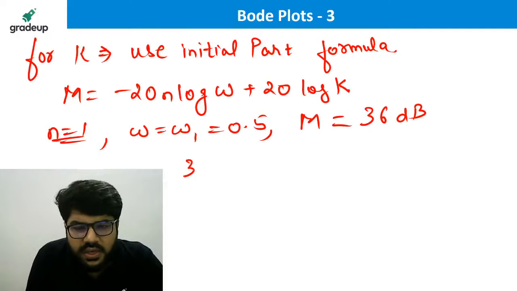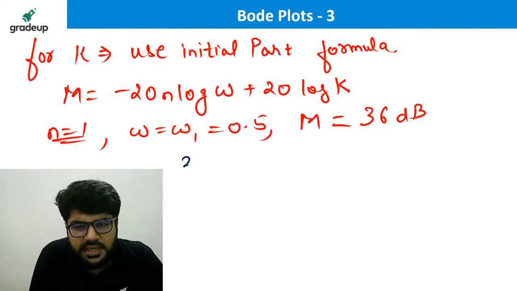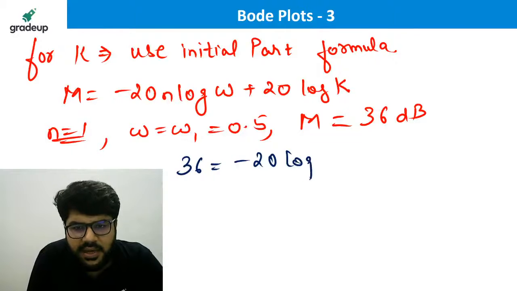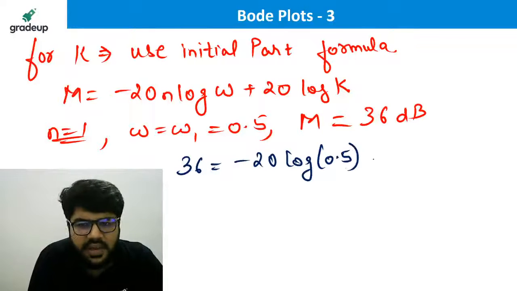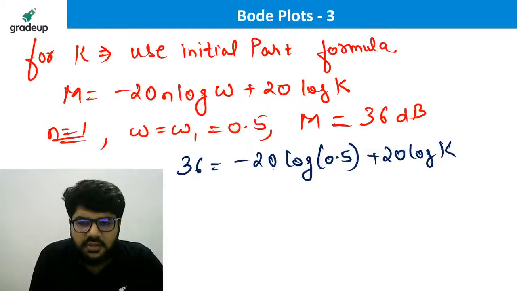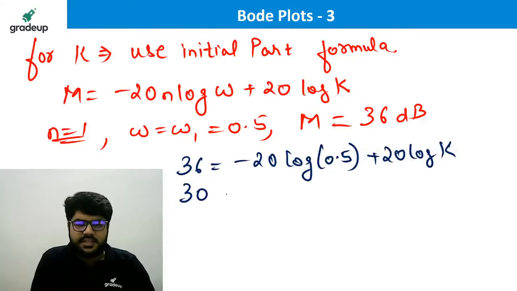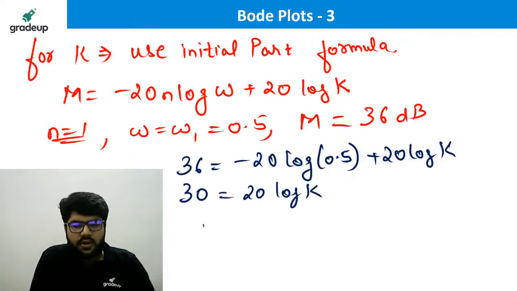So completing the calculation, 36 is equal to minus 20, n is 1, log of 0.5 plus 20 log of k. So this is minus of minus 6. Net it will be 36 minus 6, 30 is equal to 20 log k.